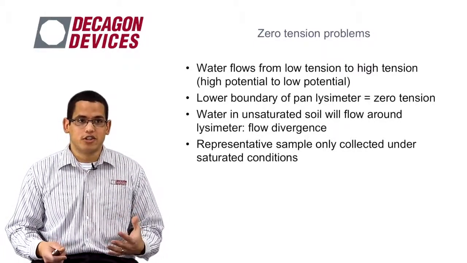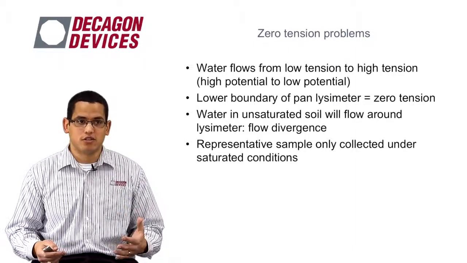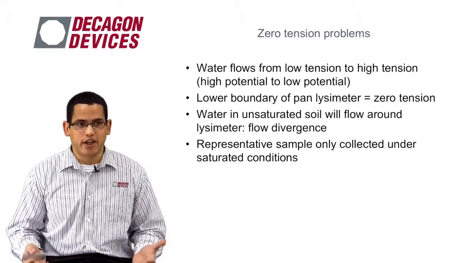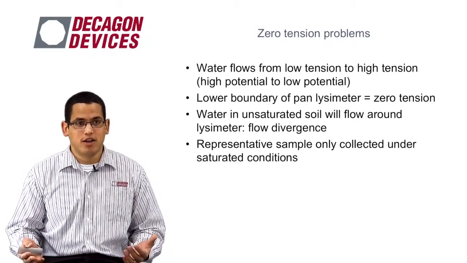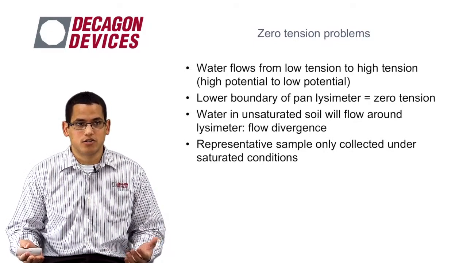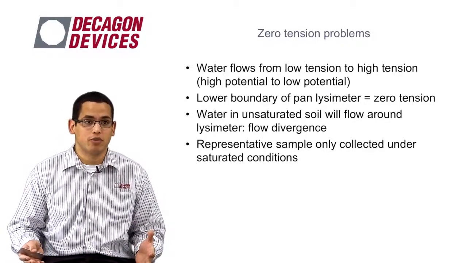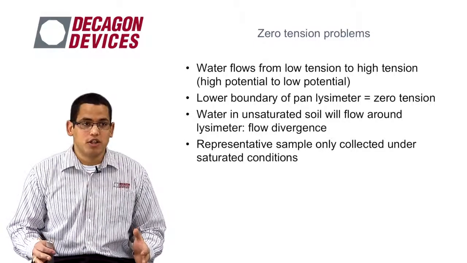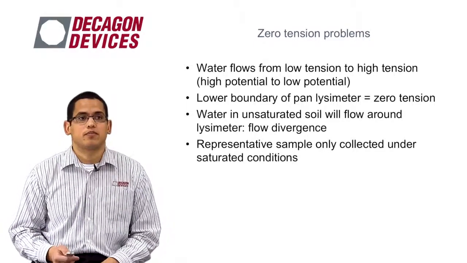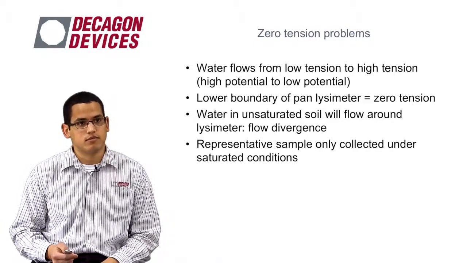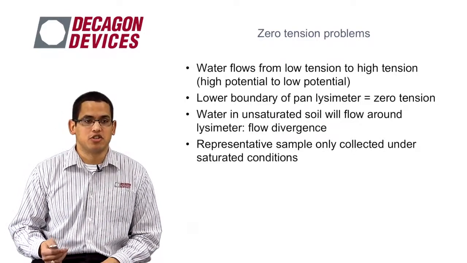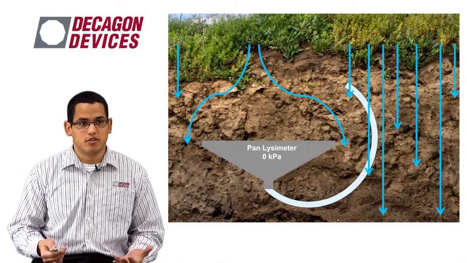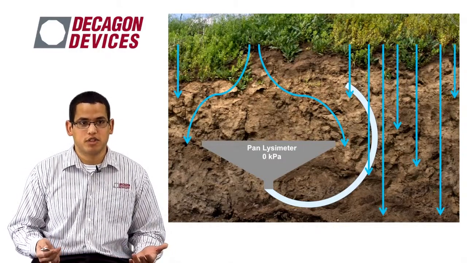So water in unsaturated soil will flow around the lysimeter, what we call flow divergence, resulting in high errors in your drainage measurement, and just not a good understanding of the water balance. Really, the only time you get a representative sample is under saturated conditions. Here's just an illustration of this. You have a pan lysimeter at zero tension, or 0 kilopascals.